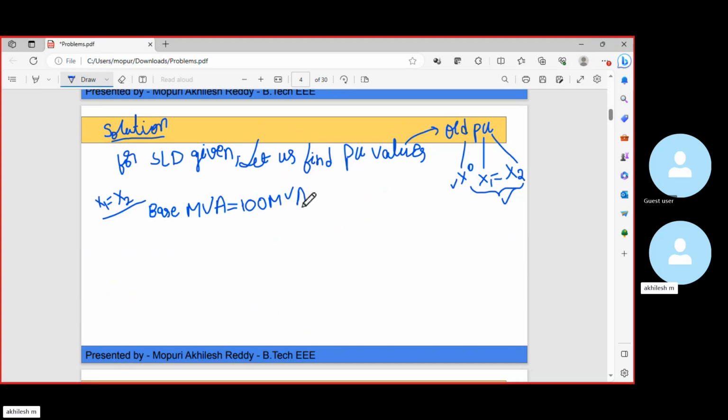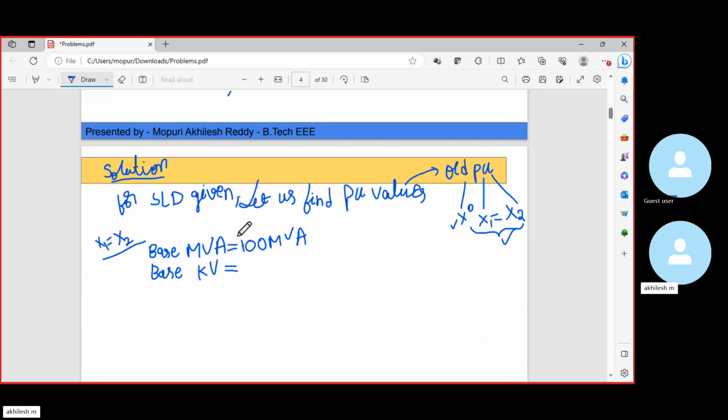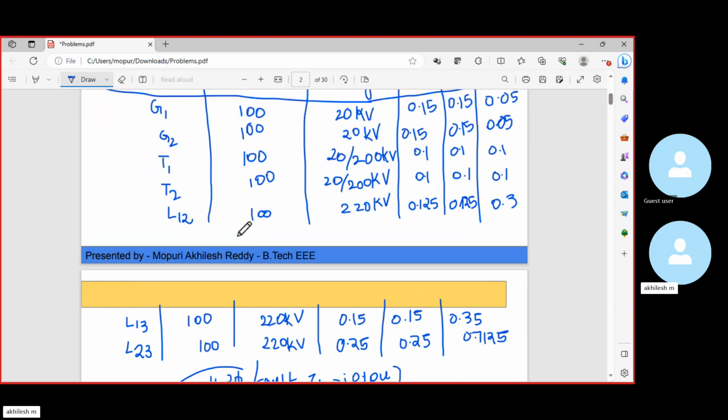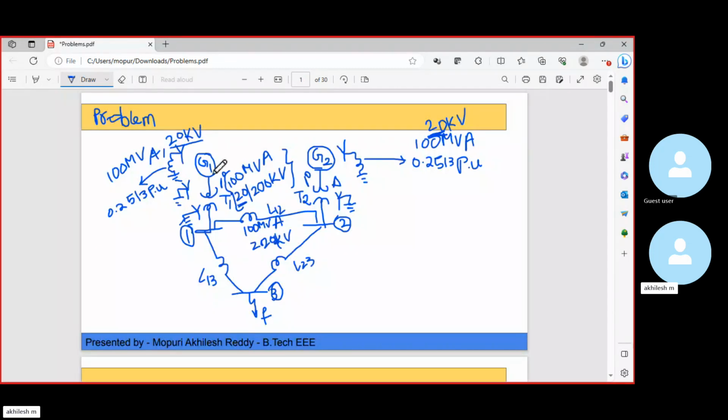Now what about my base kV? I am assuming the base kV on the generator is 20. On the transformer, it will be transferred to 200 after voltage transformation.